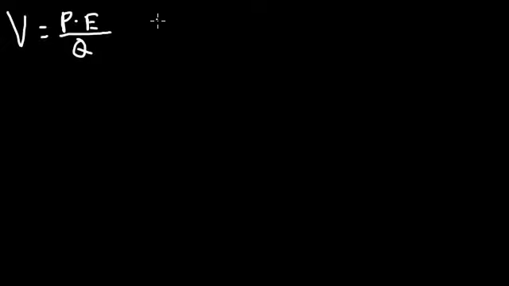The electric potential is measured in volts, and what 1 volt of electric potential tells us in essence is that in 1 coulomb of charge we have 1 joule of energy. That's what makes sense. So that's how to determine the electric potential of a certain charge in an electric field.